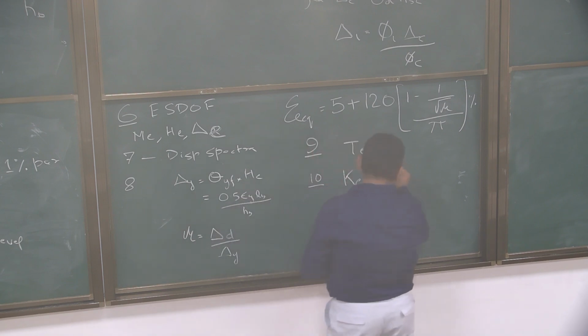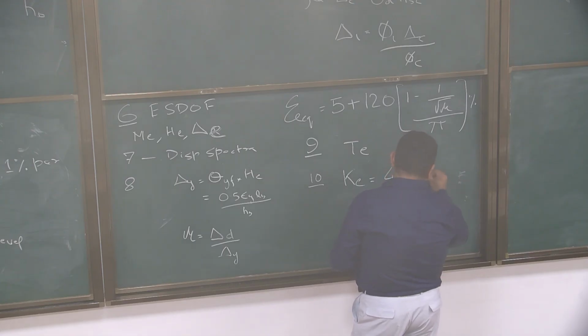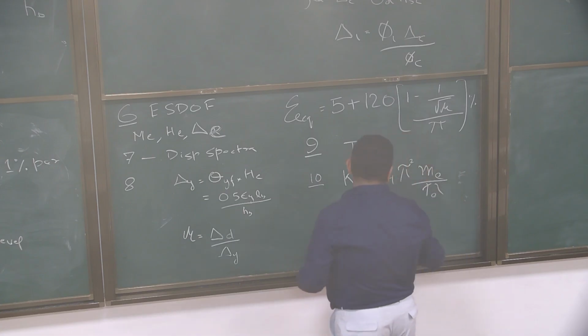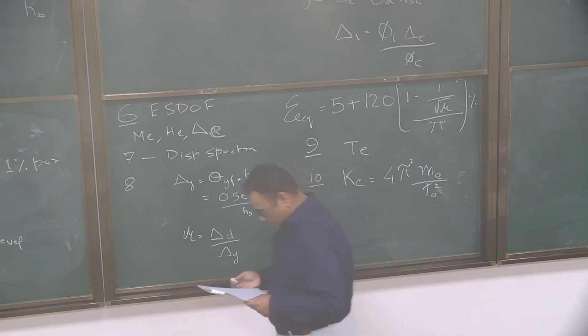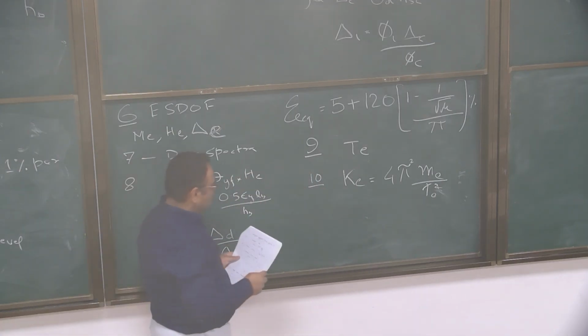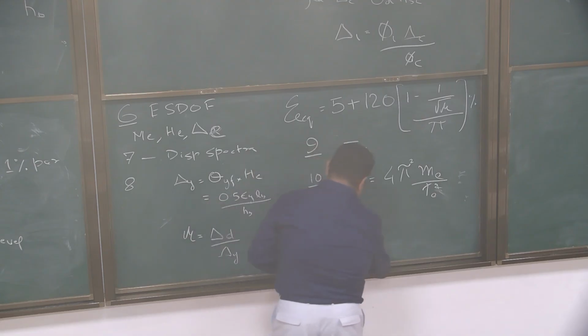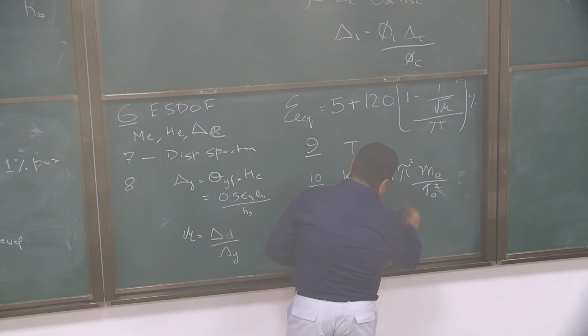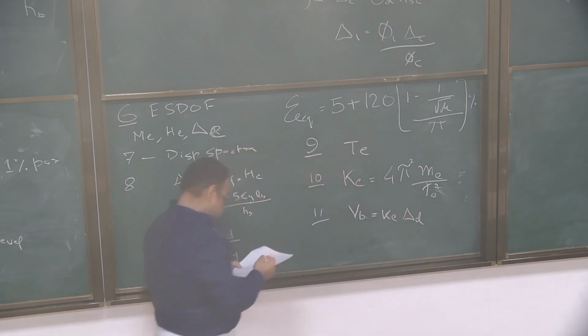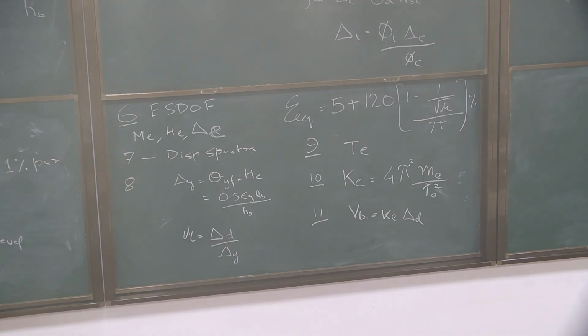KE is 4 pi squared me over T squared. Then your final, or one of the final steps, is you have your VB as KE times delta D, and then you divvy it up in terms of the height of the building. All good?